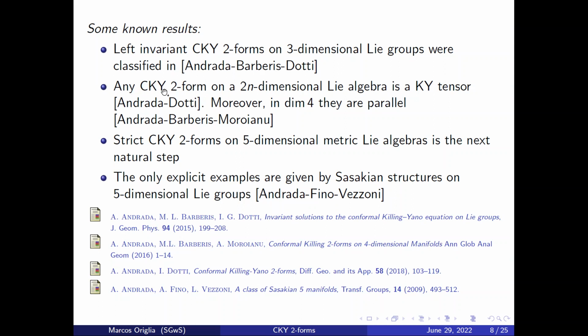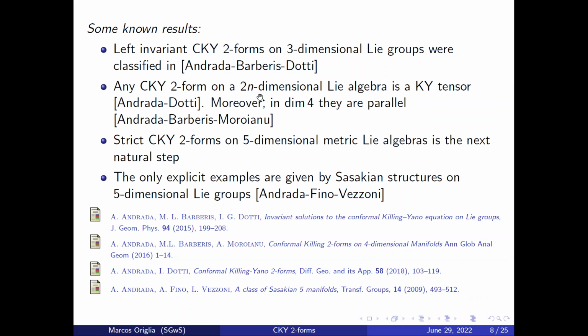It says that any conformal Killing two form on a 2n-dimensional Lie algebra is actually Killing. So if you are interested in a strict conformal Killing two form, which is not Killing, your dimension has to be odd, right? And moreover, in particular in dimension 4, they are not only Killing, but they are parallel. So any conformal Killing two form in dimension 4 is, at the end, parallel.